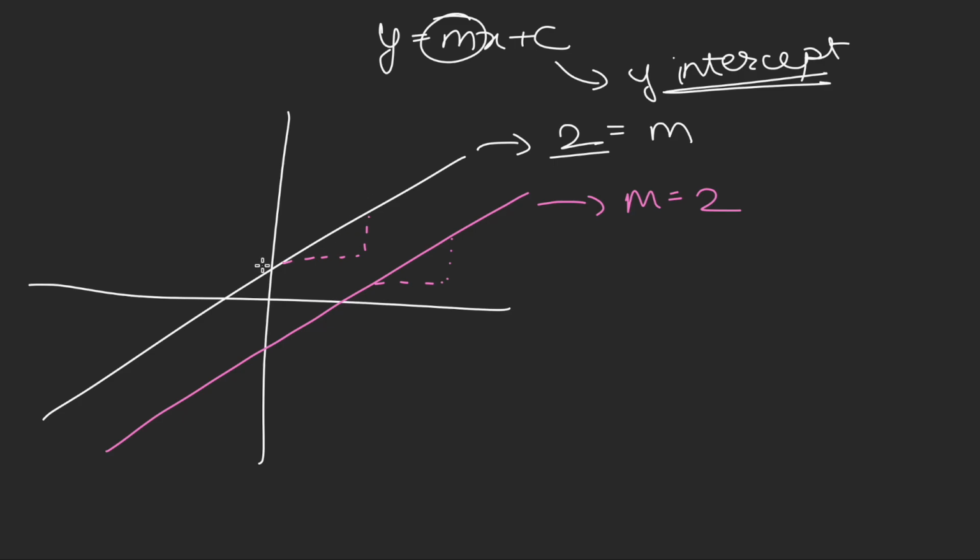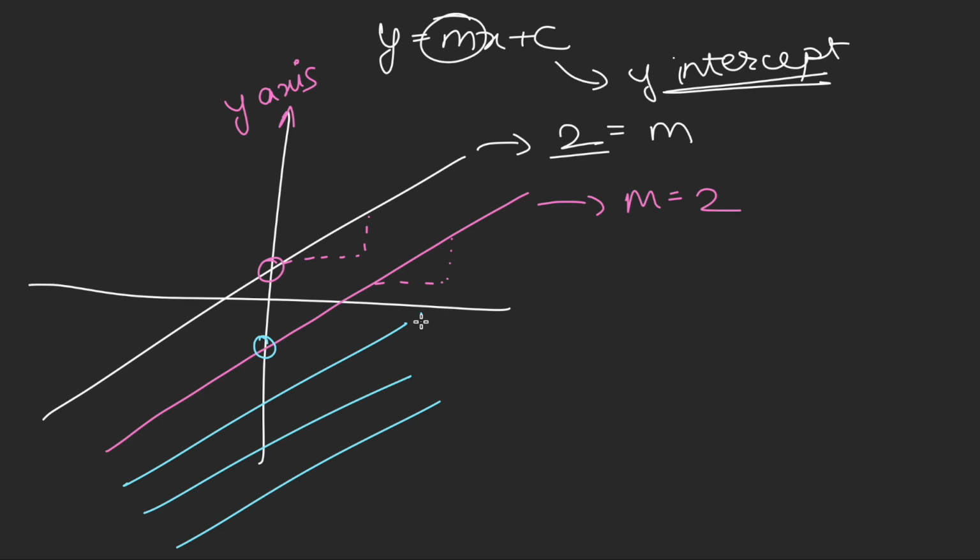I do this by measuring when it intercepts, which means when it cuts the y-axis. For this line, it's this point. For this line, it's this point. And it's going to be different for every other line, even if they have the same slope. So this is something that we call the y-intercept.